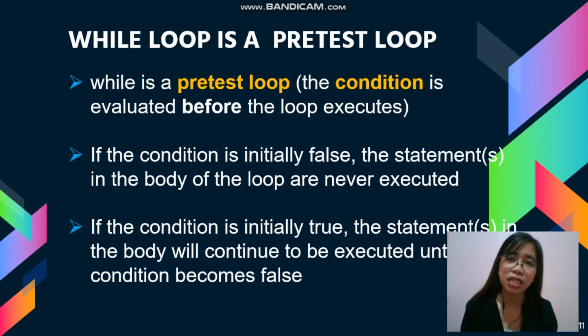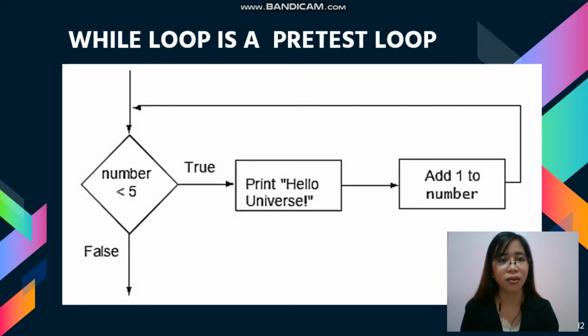If the condition is initially true, only then will the looping start. The statements in the body will continue to be executed until the condition is false. So, if the condition is already false to start with, what is inside the two brackets will not be displayed. So, that's why it is called a pretest loop. Test the condition first before the loop executes.